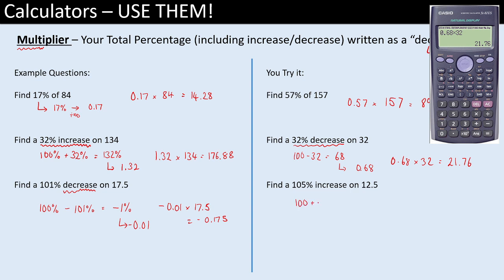So we're going to have 100 plus 105 because we're looking to increase, which is 205%. 2.05 is going to be our multiplier, because to get our multiplier, we divide by 100. Then we do our multiplier times our amount. So 2.05 times 12.5 is 25.625.